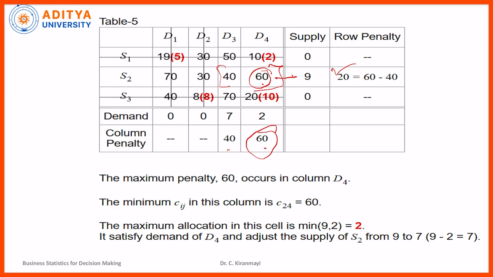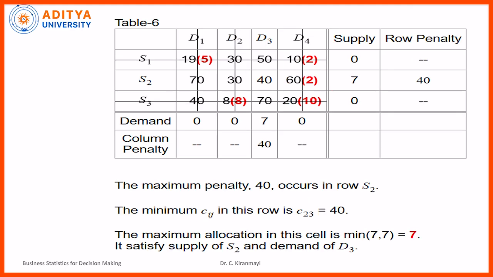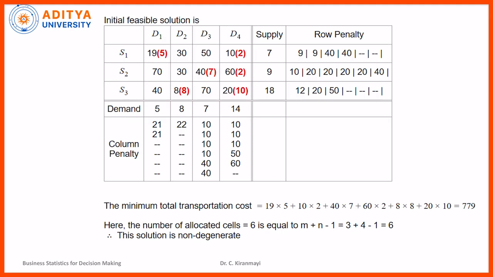The corresponding supply is 9 and demand is 2. 2 is lesser, therefore allocate 2, and 9 minus 2 is going to be 7. Finally, we are left with only 40. Demand is 7, supply is 7, so allocate 7 units to this cell. Now this is the total picture of how we have given allocations using penalties at different stages.